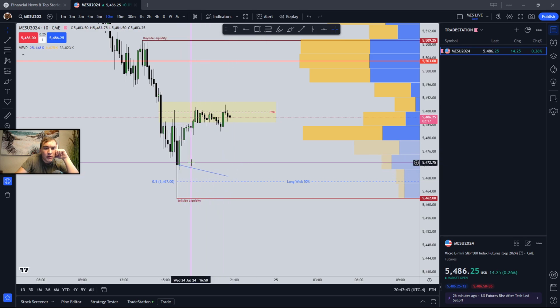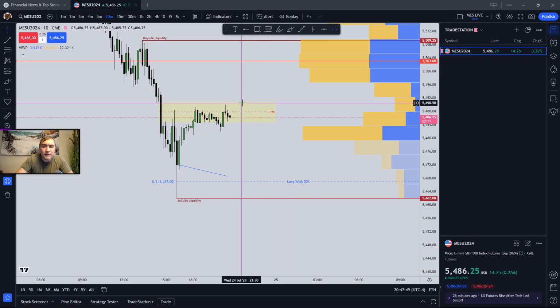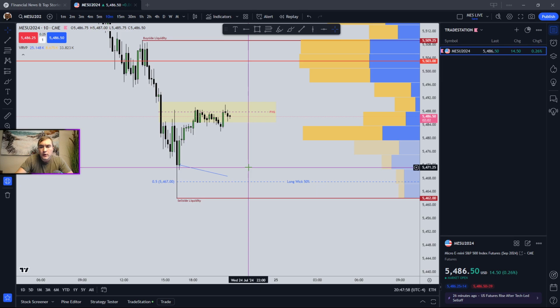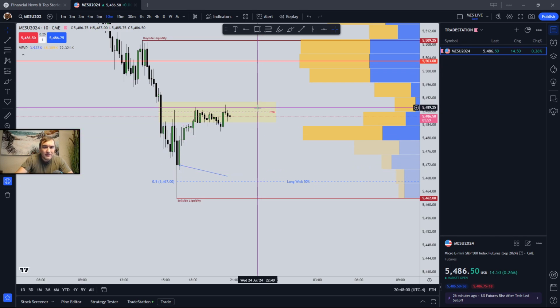ICT rejection block located at 5,472 evens. We also have minor buy-side liquidity above 5,490 halves. Guys, what I'm seeing here in the overnight session is probably going to trade flat, but I do think that we dip lower before maybe we get something of a rally.